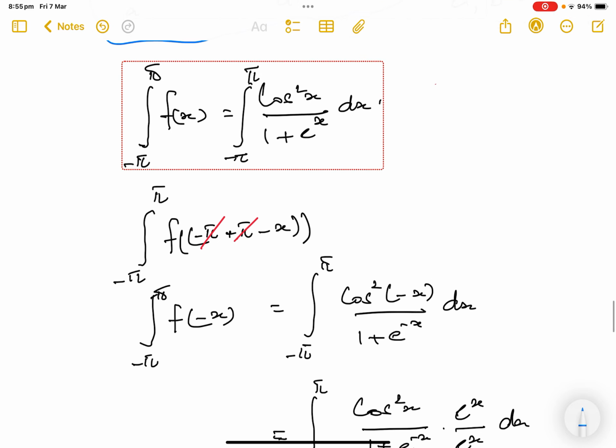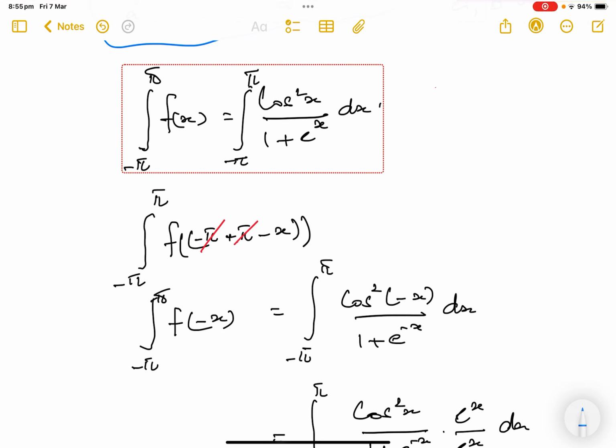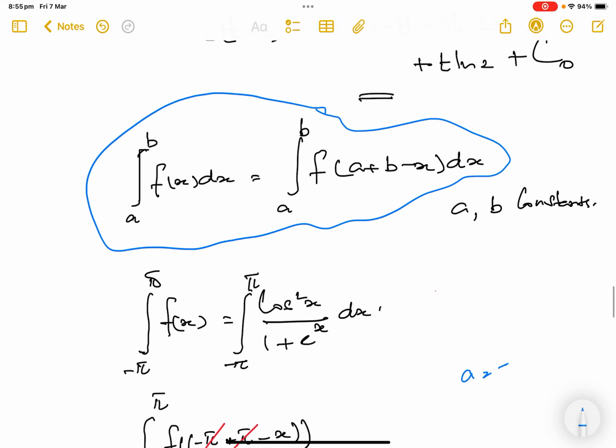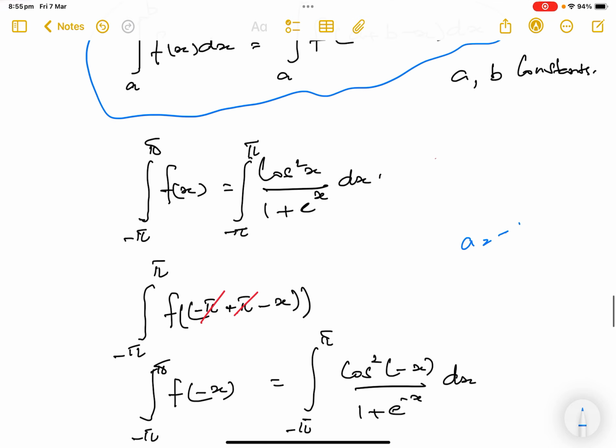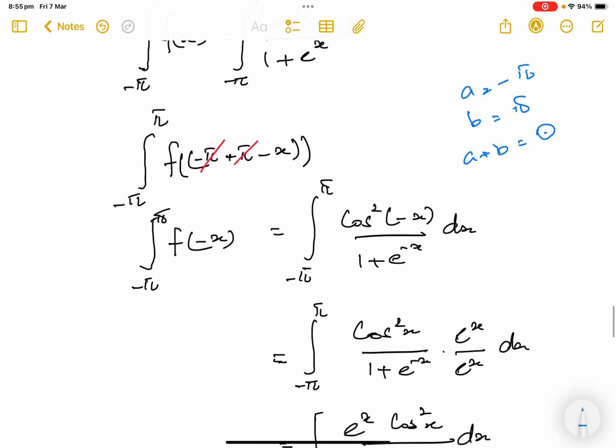Right. So what we need to do is just substitute that value. So here, a equals -pi, and b equals +pi. So a + b equals 0.